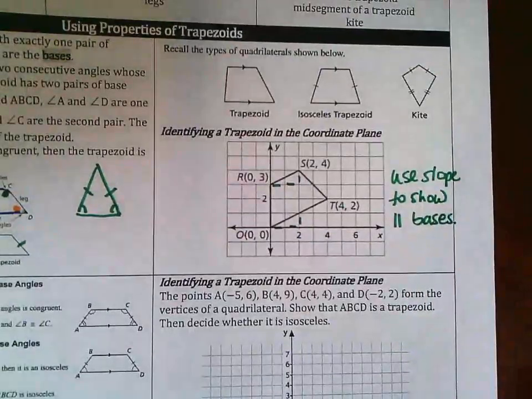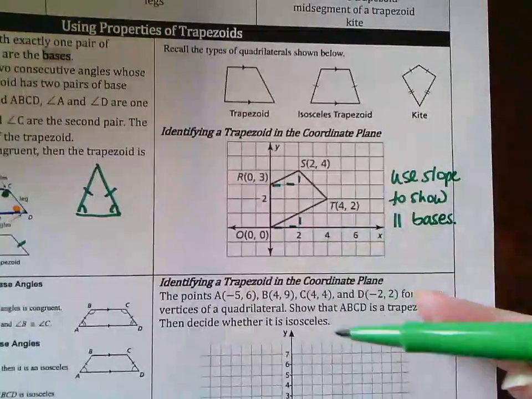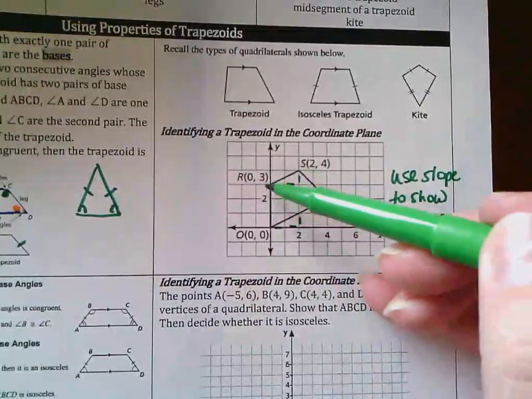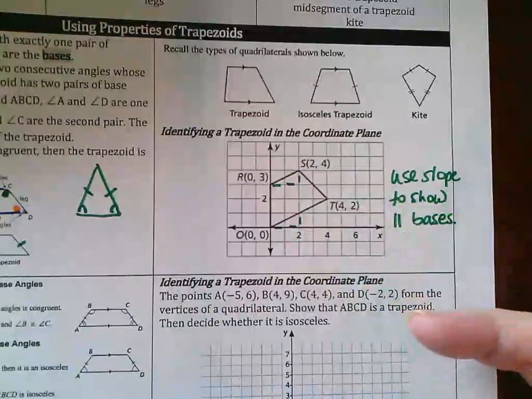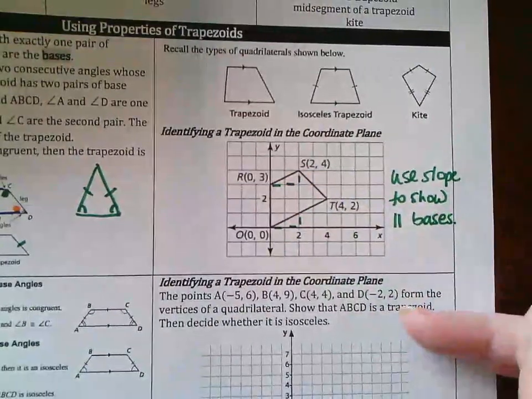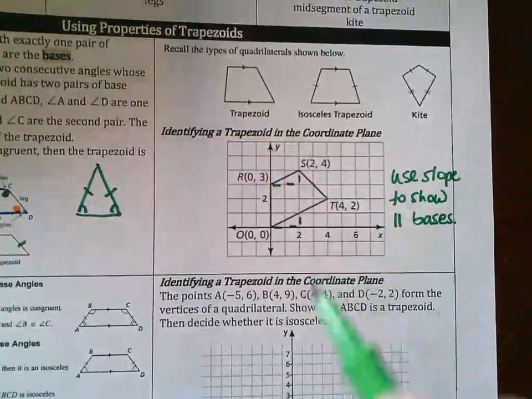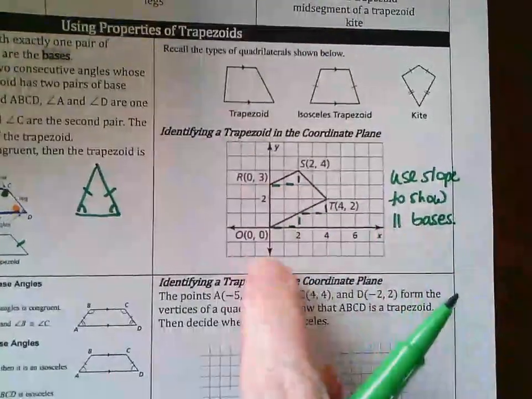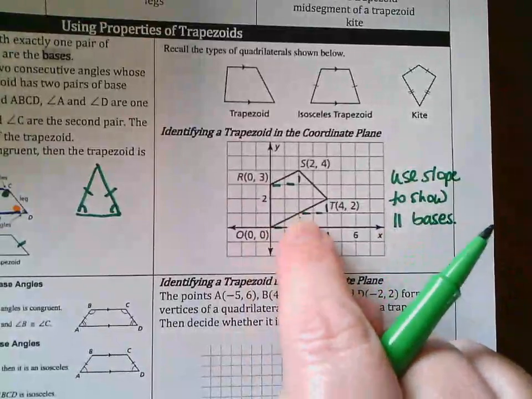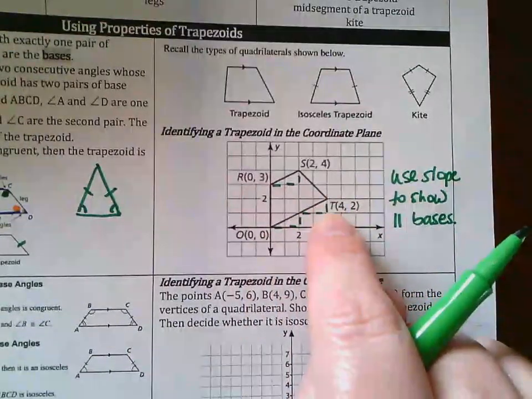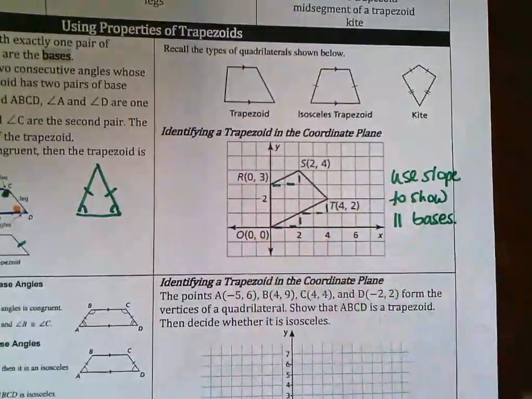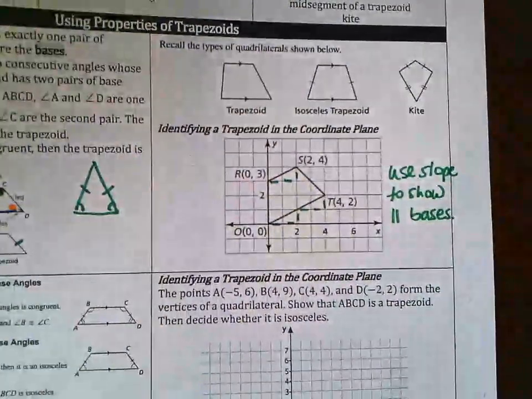That's one way that you can do it. You can use the distance if you want to find out if it's isosceles. You could actually use the distance formula here and here and here and here and decide if it's going to be equal. In this case, it's not, but slope. So you see how this is rise 2, 1, 2, 1, or rise 1, 2, 1, 2. So either way. Okay.